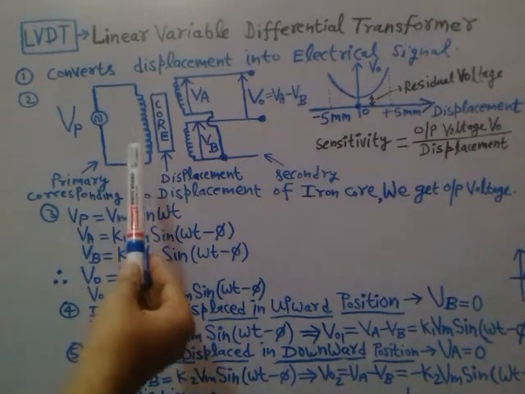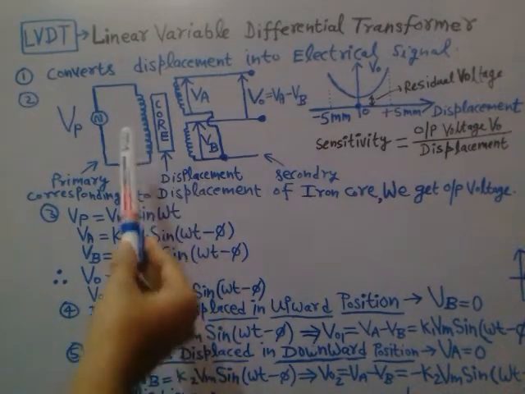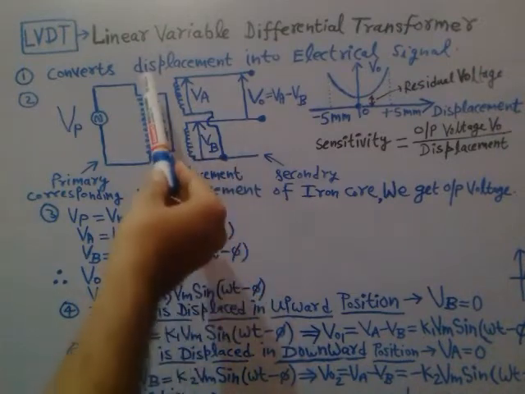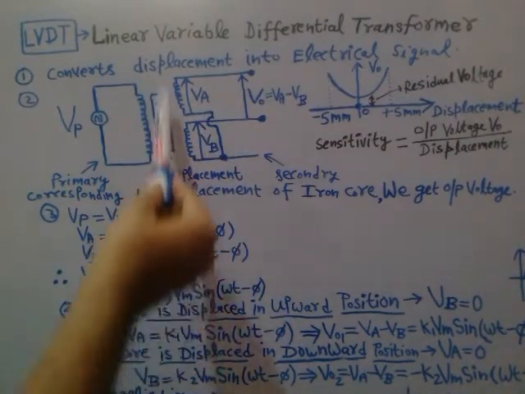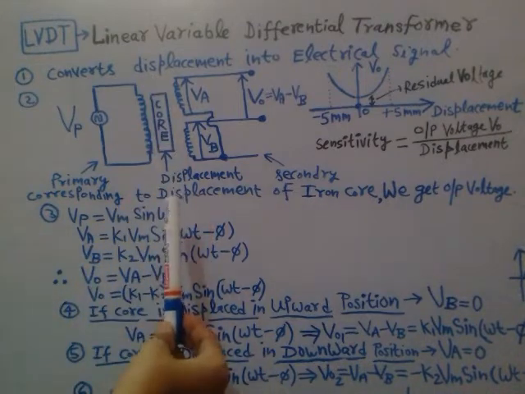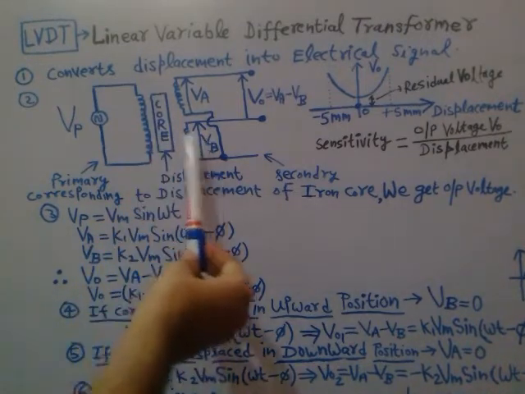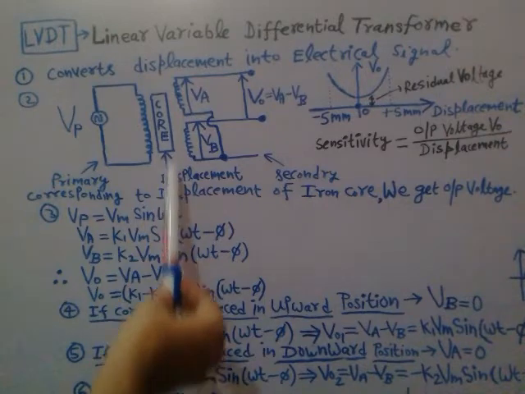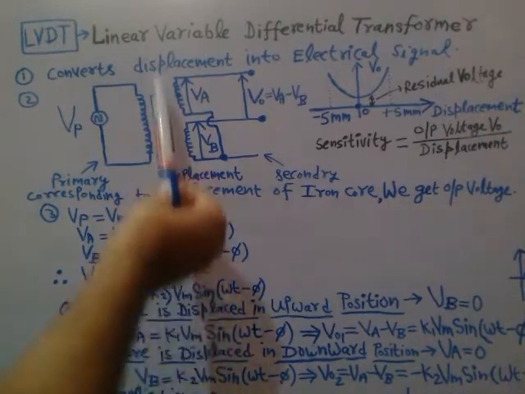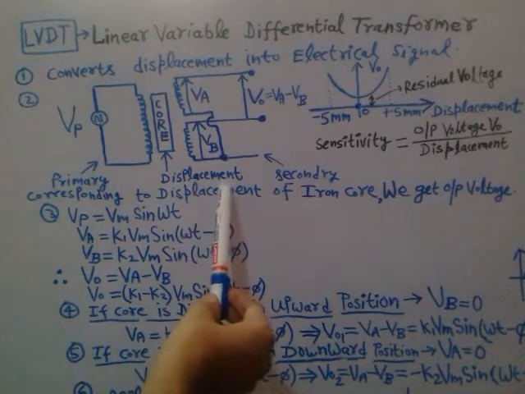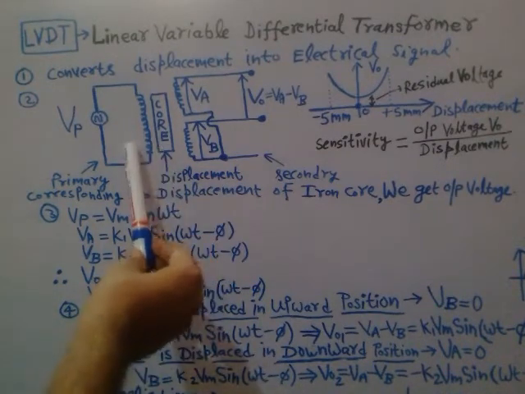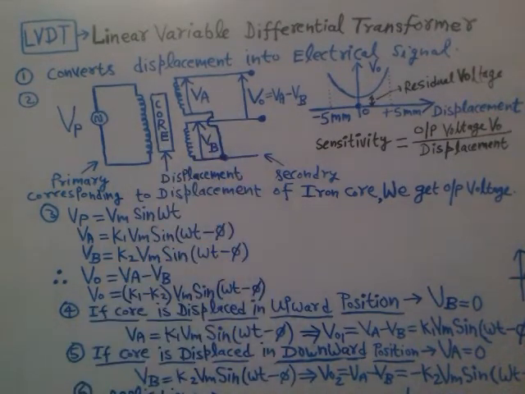In between the primary and secondary windings we have placed a soft iron core, which is basically movable. We provide the displacements to this soft iron core between the primary and the secondary windings, right?